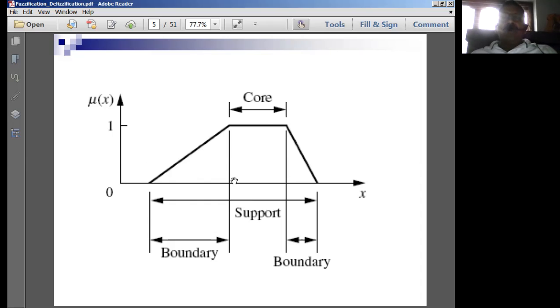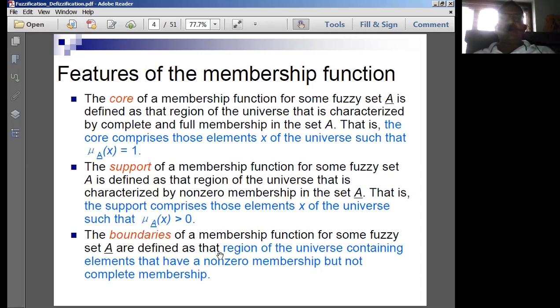If the belongingness value is greater than 0, it is supportive in nature. And whose values lie between 0 and 1, it comprises the boundary feature. The same thing has been explained in the definition.